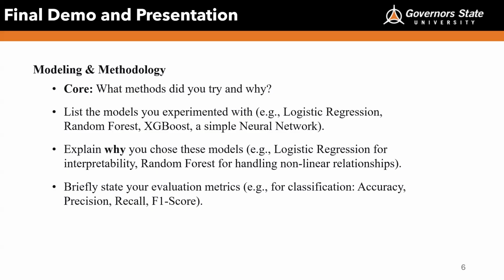This model is well known for its interpretability, right? And random forest is good for handling nonlinear relationships. And also you should clarify, for example, before you applied this model, you found that the target label contains non-linear features.